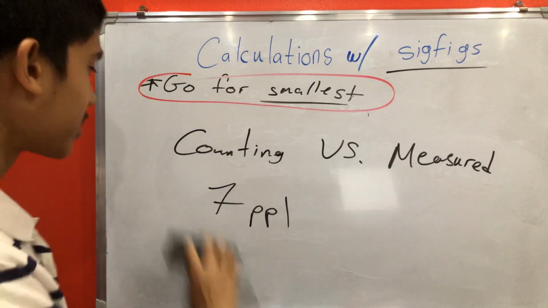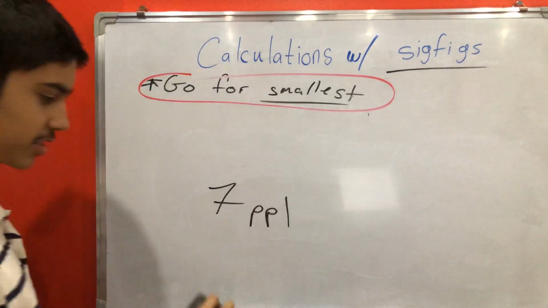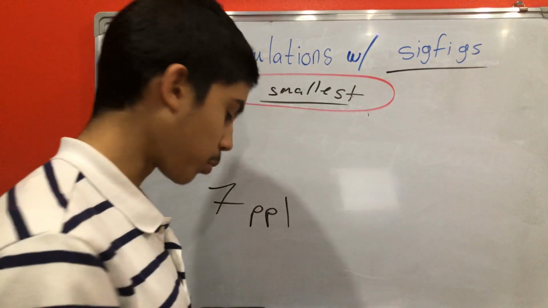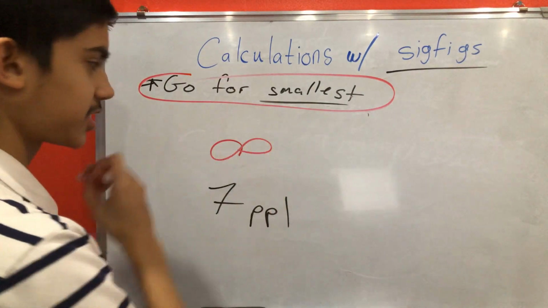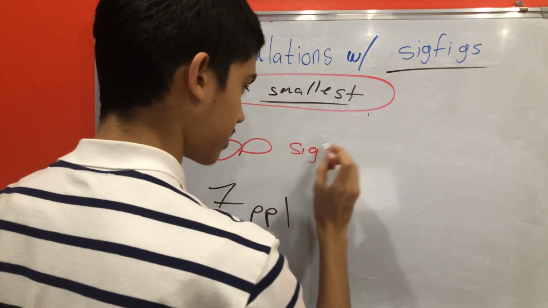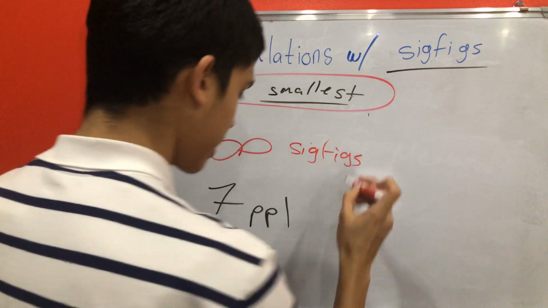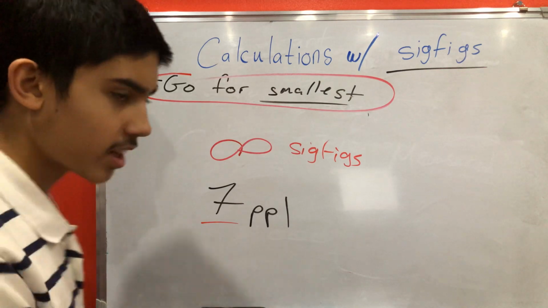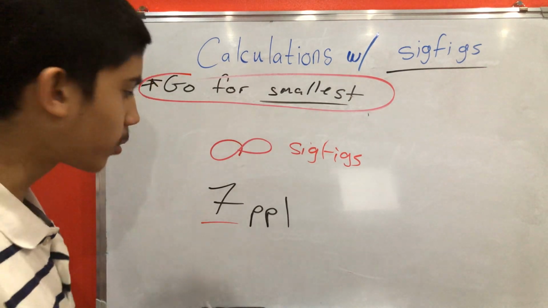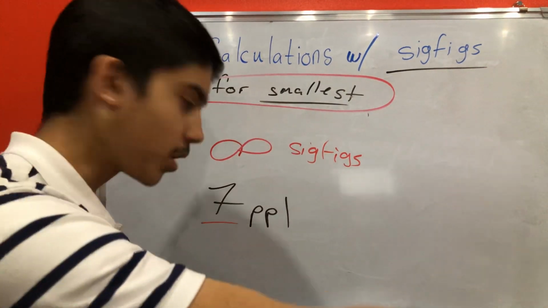So how many significant figures are here? Well, you might say there's 1, but there's actually infinite significant figures here. And the reason for that is because this is an exact number. This is not like if I counted more carefully, I would have got 7.0001 people.